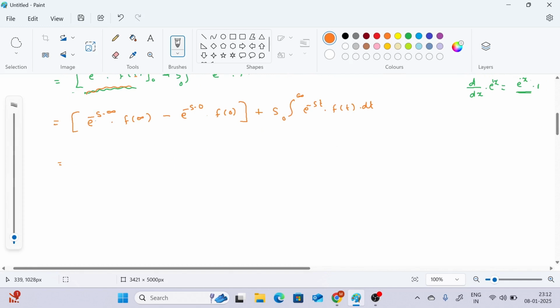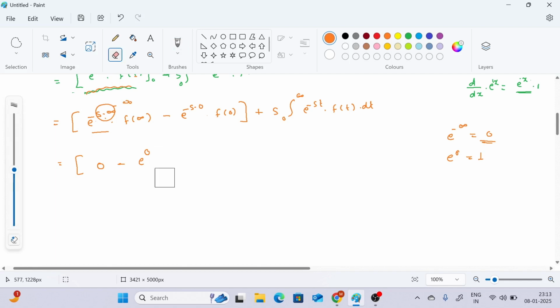Now e raised to minus s into infinity, that is e raised to minus infinity, will be 0. So what can I write here? 0 into f of infinity will be 0, minus e raised to 0, and e raised to 0 will be 1.